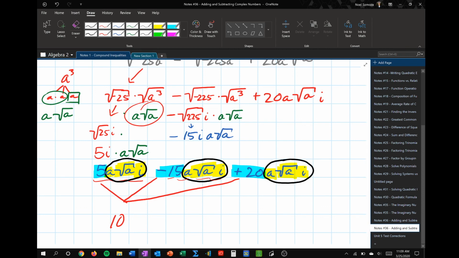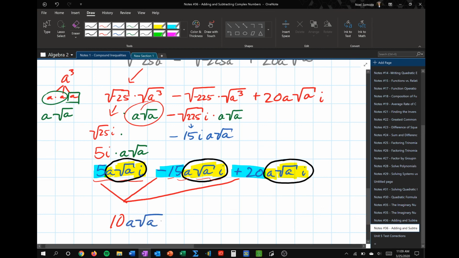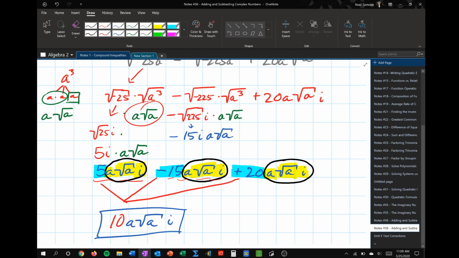Positive 10 what? Well, you drop the common variable, which is a root a i. So that right there is our final answer. And then that's it.